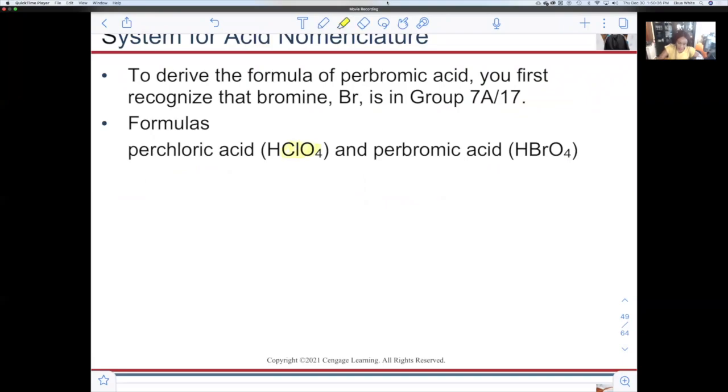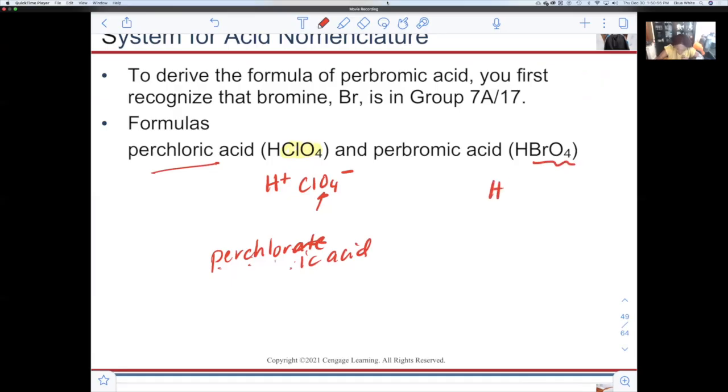Okay, what about this one here? Recognize this. Split the H plus from the rest of the molecule. Name that perchlorate. Replace "ate" with "ic acid." No need to elongate this. So you got perchloric acid. This one here, separate this from BrO4 minus.